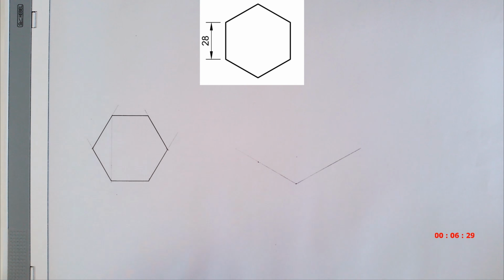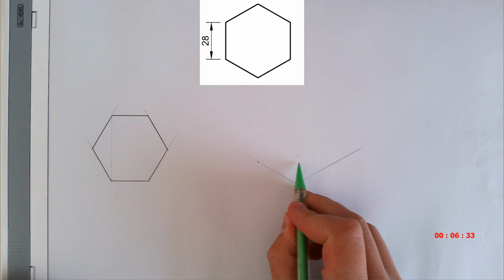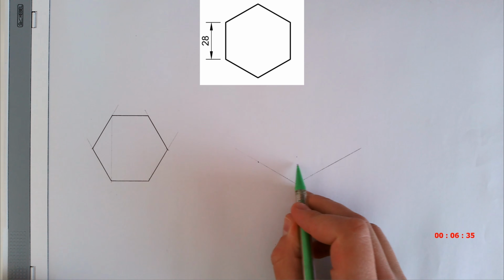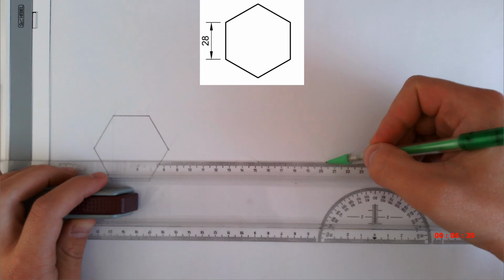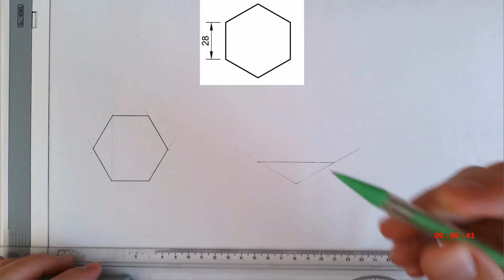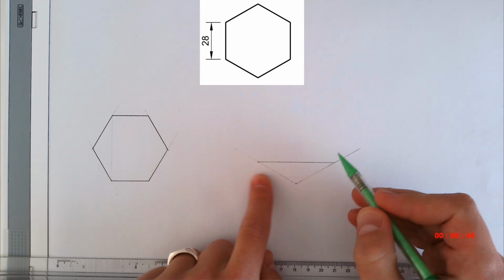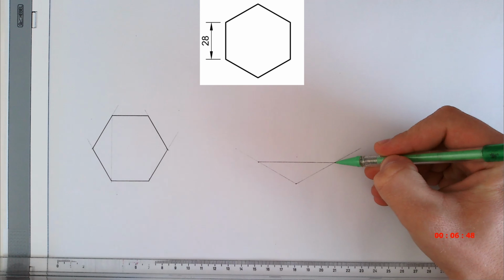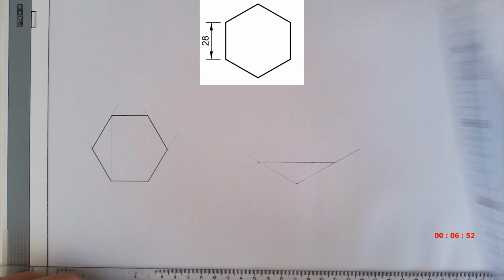On that mark there, I am going to project this point over horizontally to this line here, light. Where those two points meet the 30-degree line, we are going to draw a vertical line upwards.